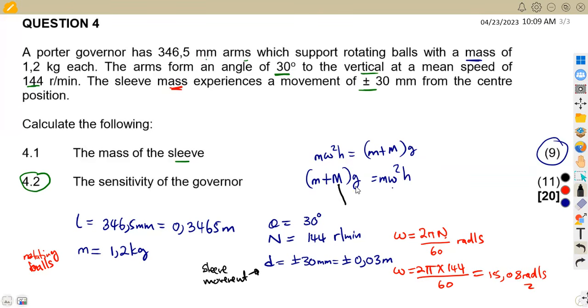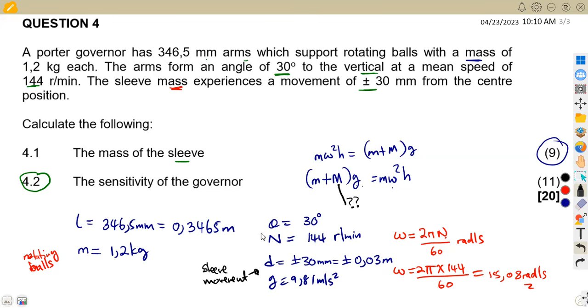We need to calculate this. g is the gravitational acceleration, which is 9.81 meters per second squared. The question is asking you to calculate this M, the mass of the sleeve, which is the dead load.